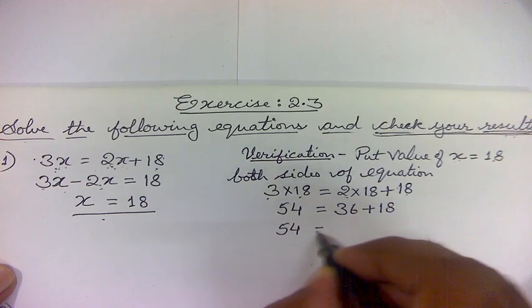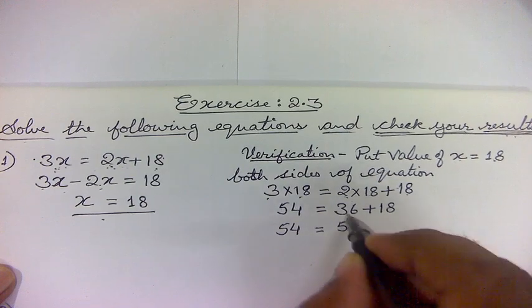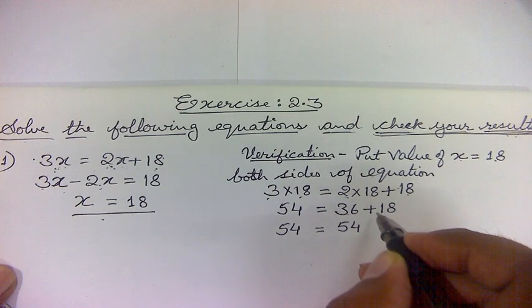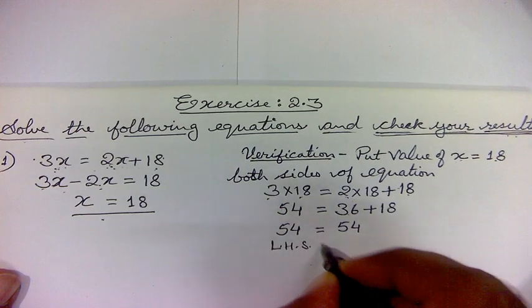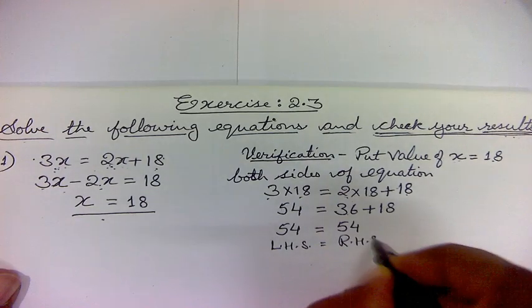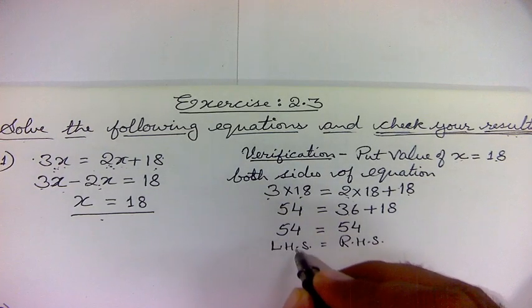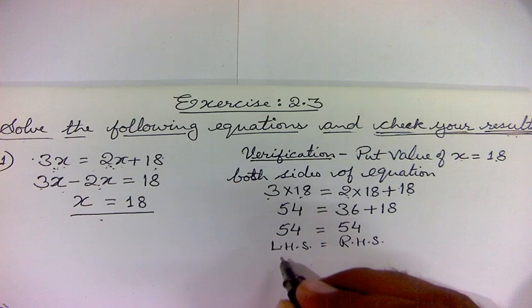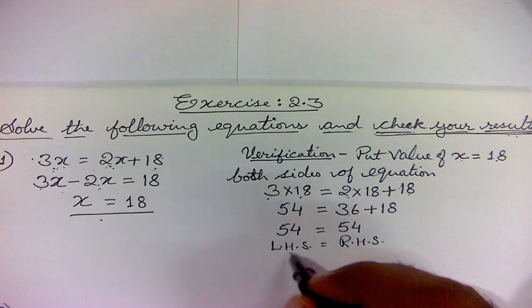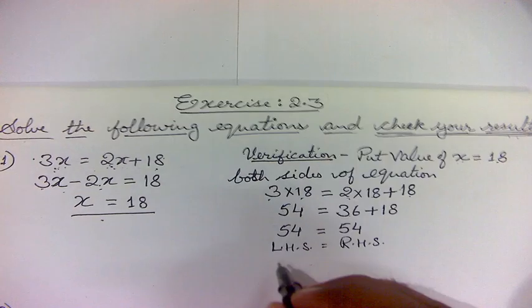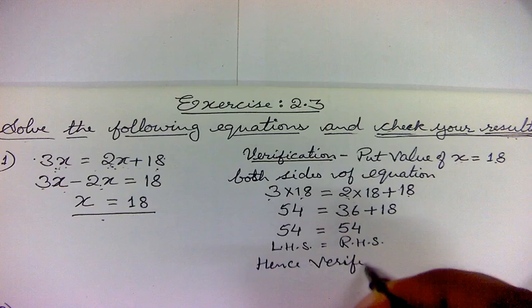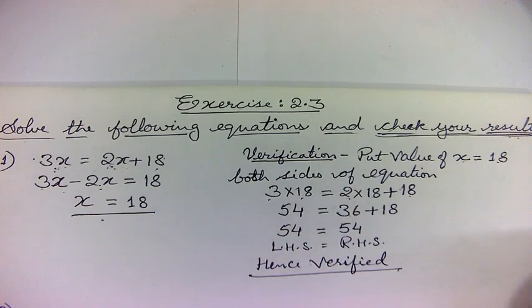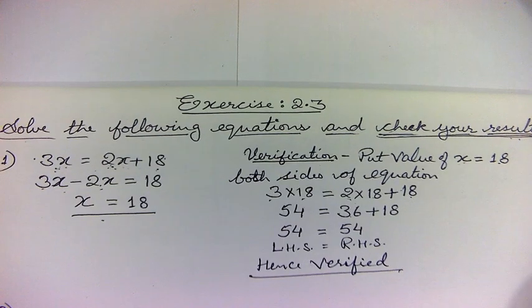So you get 54 equals 54, because 36 plus 18 is also 54. We see here that the left hand side is equal to the right hand side. We get both sides equal. If both sides are equal, it means our result is verified. We have checked the result. Hence verified. Hope it is clear to you how you are going to verify the results.